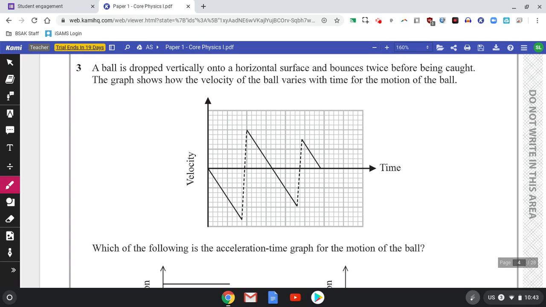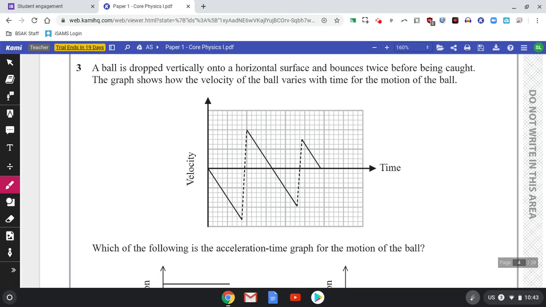Another important thing to notice: the ball is dropped. So it's dropped from its maximum height and it will initially start to fall. Now, the first section is negative. So that tells us that downwards is negative. So if downwards is negative, the acceleration must be negative.